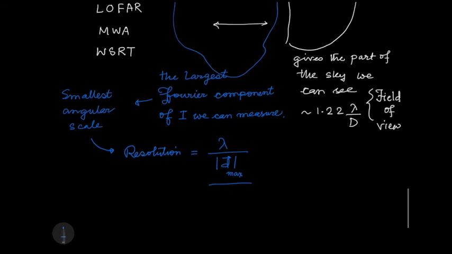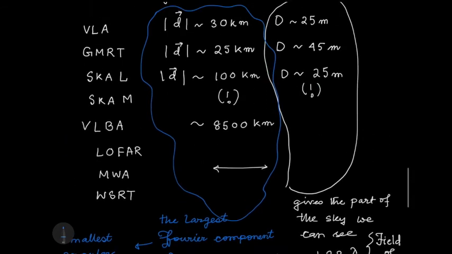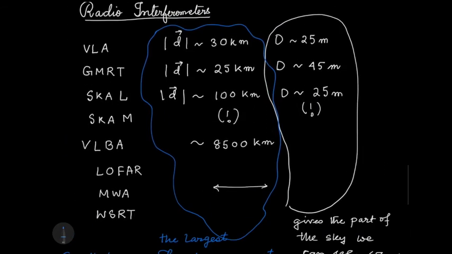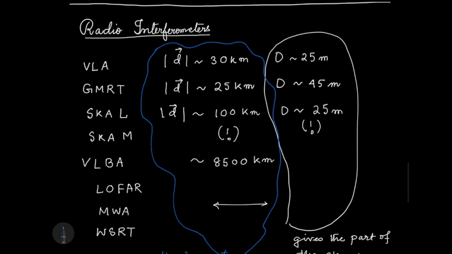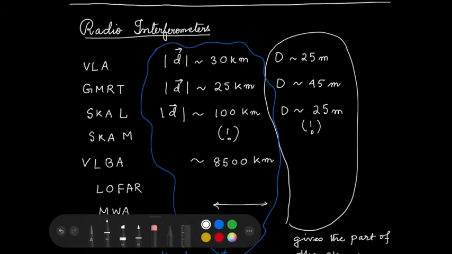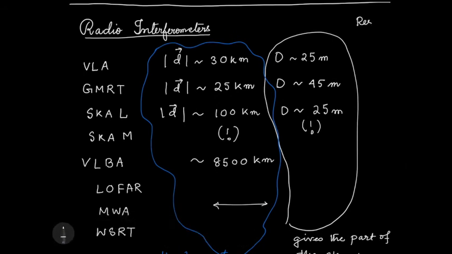So if I use this formula for the resolution and try to calculate the resolution for these telescopes, let's say at 20 centimeter, so the wavelength is 20 centimeter. You can work out for GMRT or VLA, it will be like 1.5 arc second.